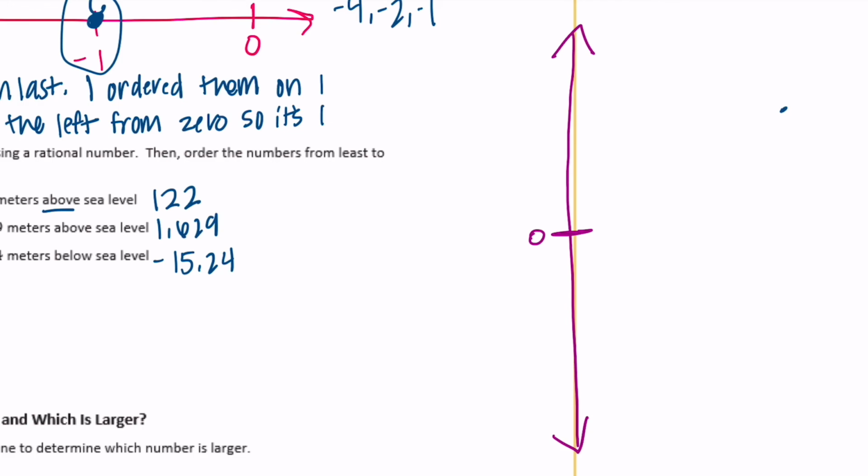Since these are numbers that are really far apart, I'm just going to plot what I know. So 122, and we have 1,629. So I'm going to put 1,629 all the way up here. 122 would be maybe like about there. And negative 15 and 24 hundredths. It's going to be pretty close to 0 based on I have 1,000 all the way up at the top.